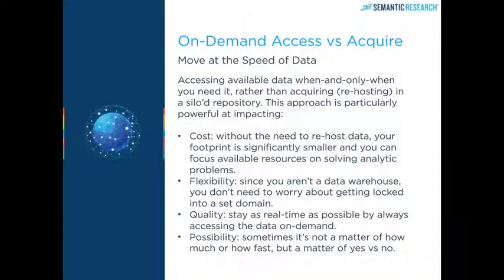Accessing available data when and only when you need it, rather than acquiring it, aka rehosting it in your own dust-collecting servers in a siloed repository. So this approach is particularly powerful at impacting cost, which we didn't care that much about, but it's worth noting. If you don't have to stand up your own closet of servers, that's always kind of a plus.